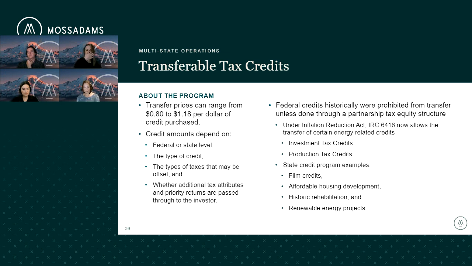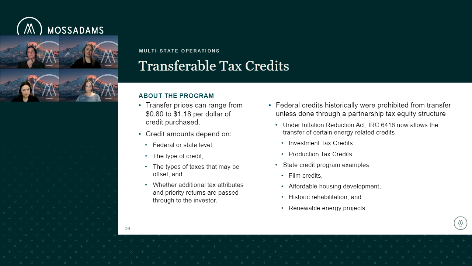In general, transfer prices can range from various amounts depending on the jurisdiction, the type of credit, type of taxes the credit can be used against, et cetera. There's a variety of different facts that can influence the transfer price.